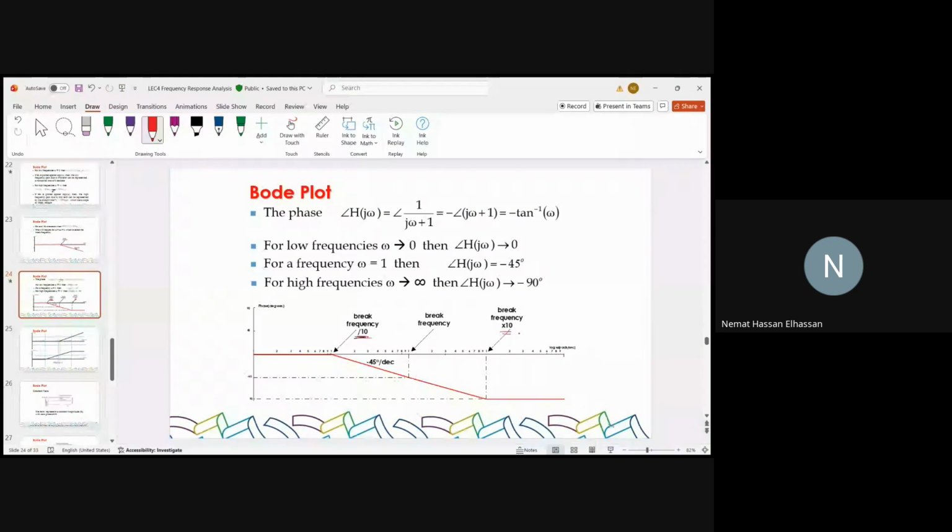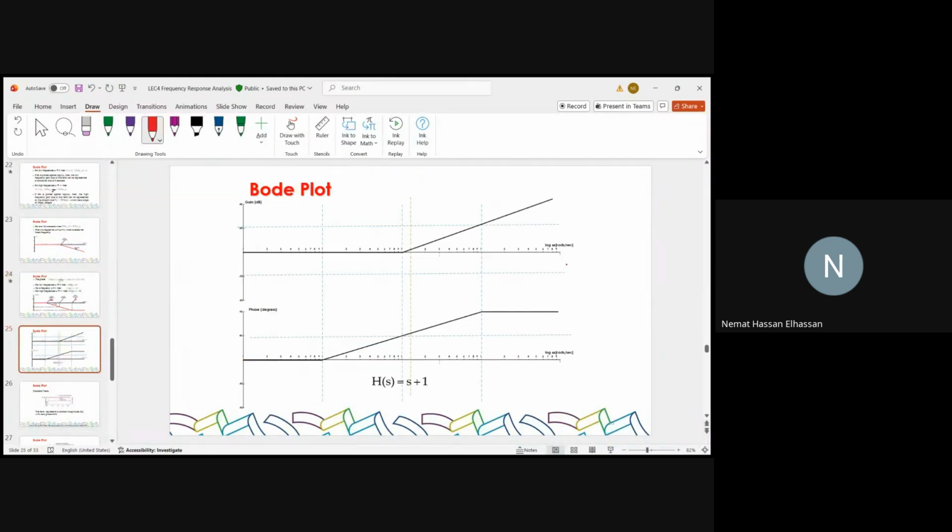If you have a zero and not a pole, you'll have a constant increase of 20 decibels per decade, and you'll start at break frequency over 10 until break frequency times 10, with a constant increase of 45 degrees per decade. So this is how we plot Bode plots.